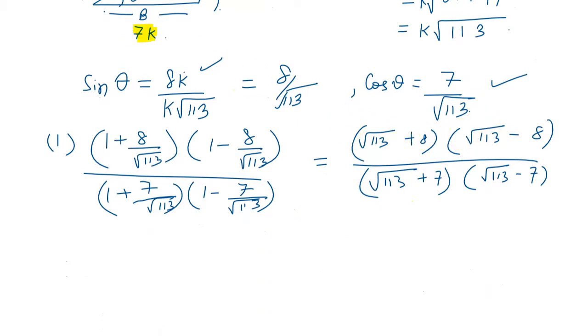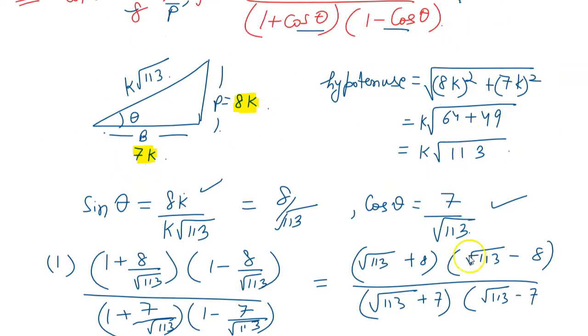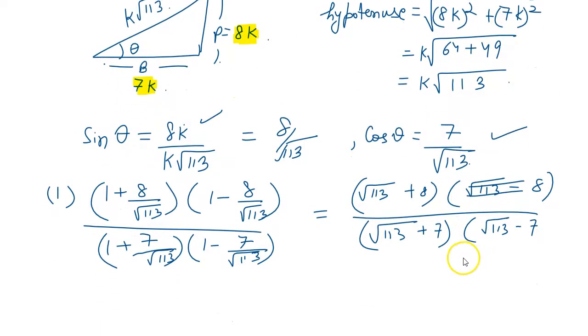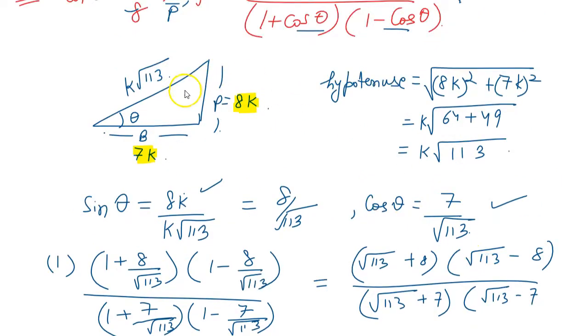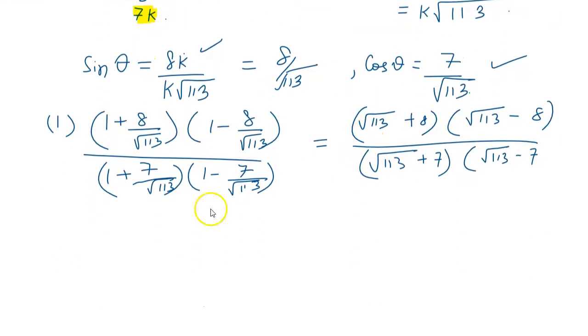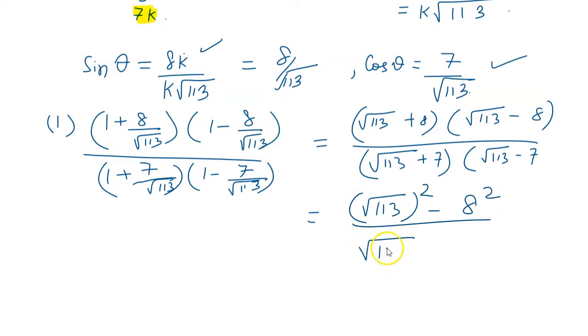So here you can see guys, this is of the form a plus b into a minus b, right? So we will use the identity. So a plus b into a minus b, what it is? A square minus b square. So I'll do root 113 squared minus 8 squared divided by root 113 squared minus 7 squared.